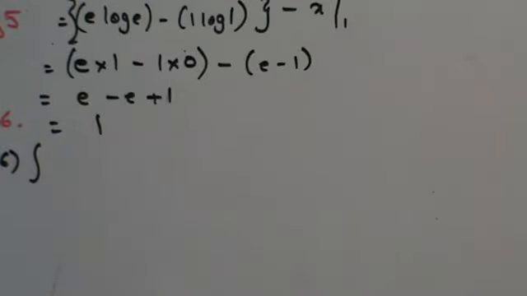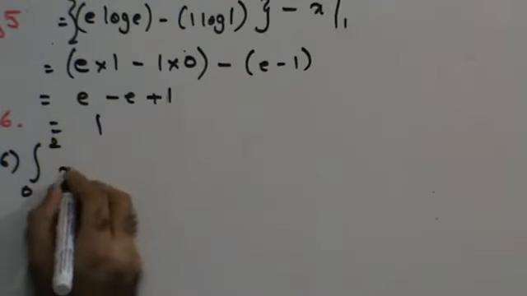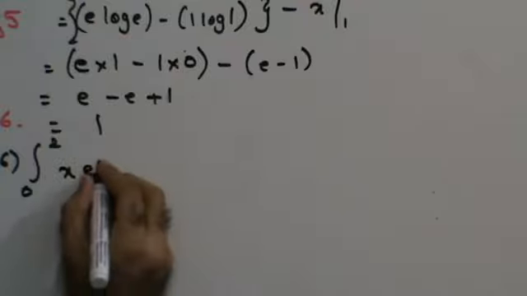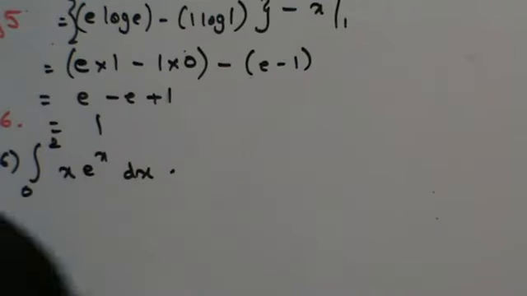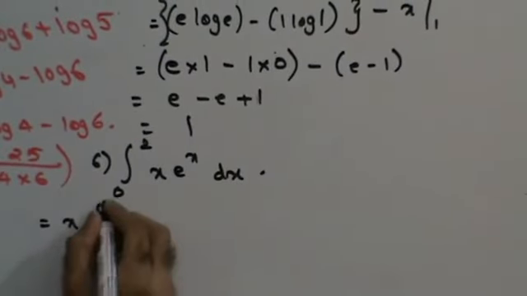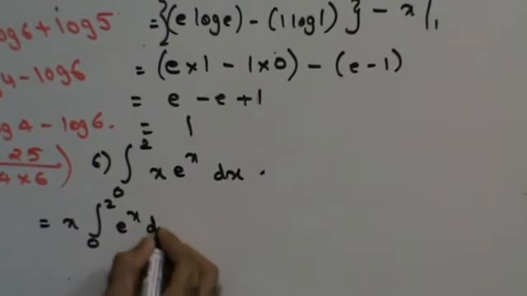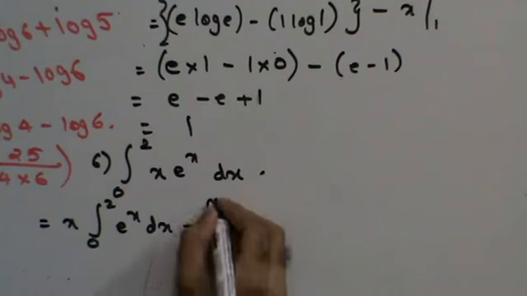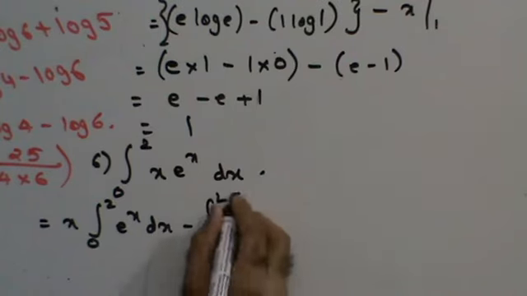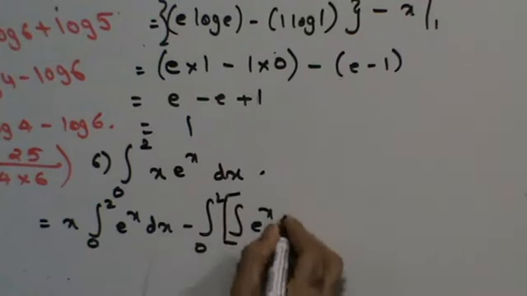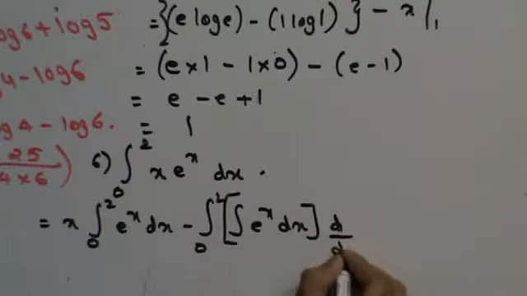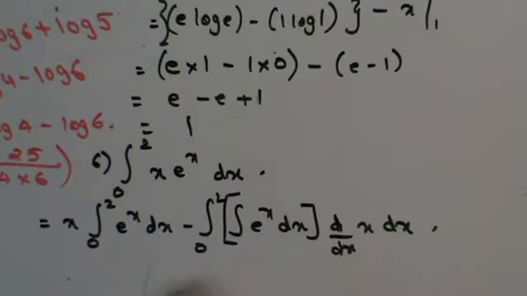Integral of 0 to 2 x e raised to x dx. X is algebraic, e raised to x is exponential. So you will have parts. U integral of v minus integral of v derivative of u dx.